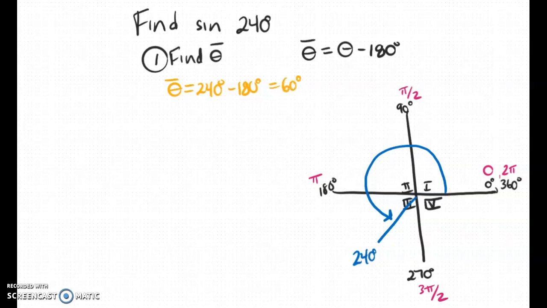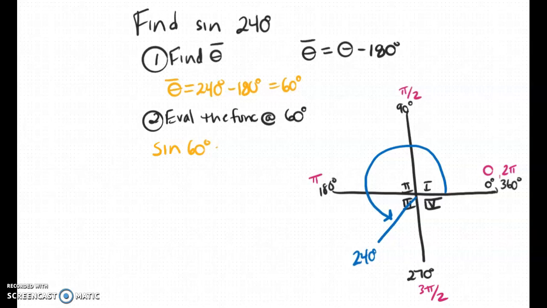And then after I do that, I'm going to evaluate the function at 60 degrees. So I'm going to find the sine of 60 degrees.